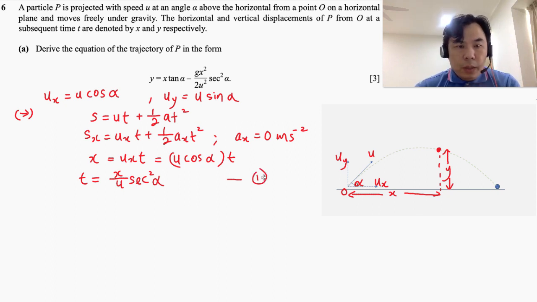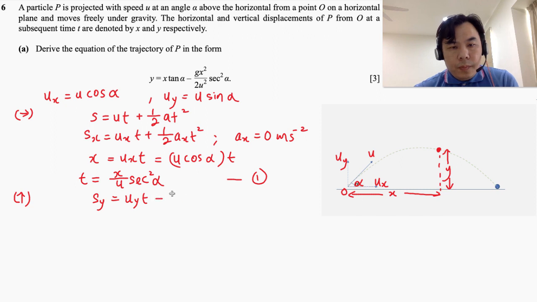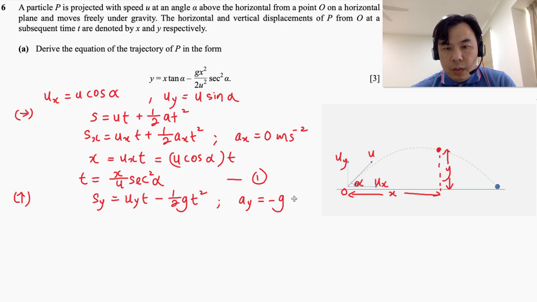Now the second part, by considering the vertical motion, using the same equation again, we will have s_y equal to u_y t minus half g t square, where the vertical component of the acceleration is equal to negative g meter per second square.